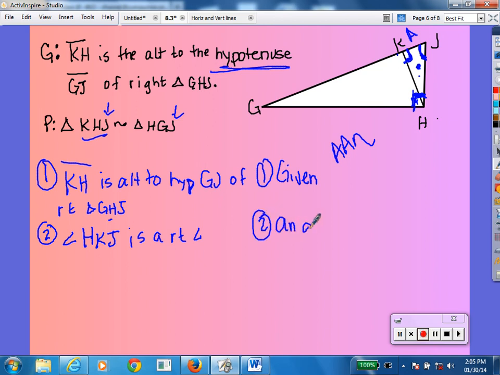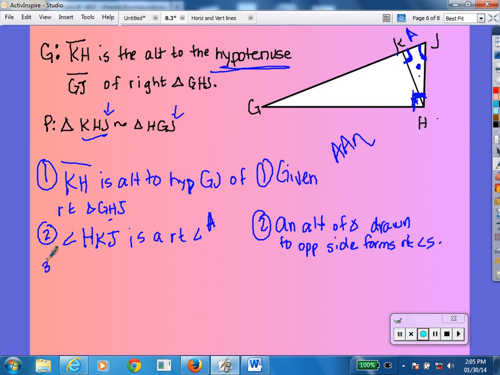Because an altitude of a triangle drawn to the opposite side forms right angles. You could just say altitudes form right angles. That's fine. So that gives us an angle.